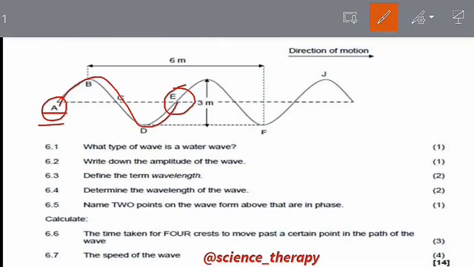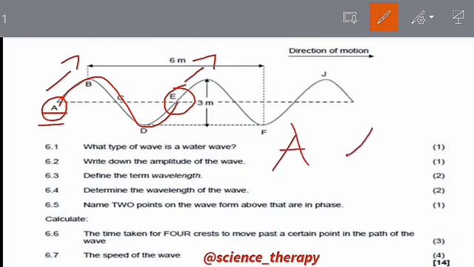Also, another way to check that these points are in phase is to check the particle direction. After A, the particles are moving upward, and after E, the particles will also be moving upward. That means point A and point E are in phase, right? And they also complete a wave.